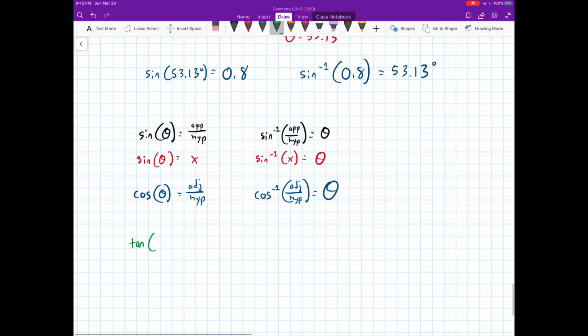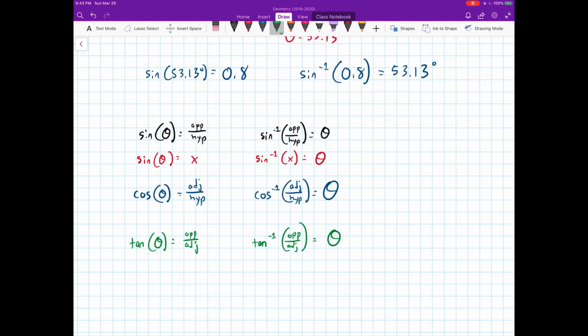If I have tangent of theta, I'm looking at opposite over adjacent. Therefore, if I want to use the inverse, I'll put opposite over adjacent in there, and I will get theta back out.